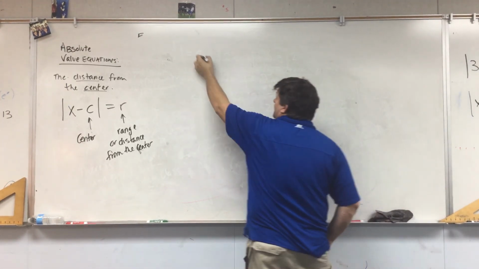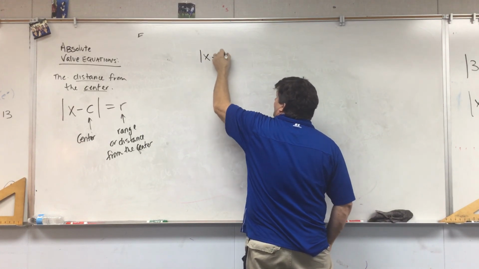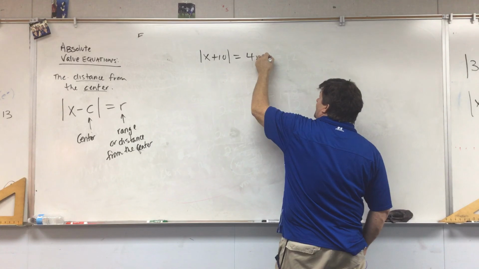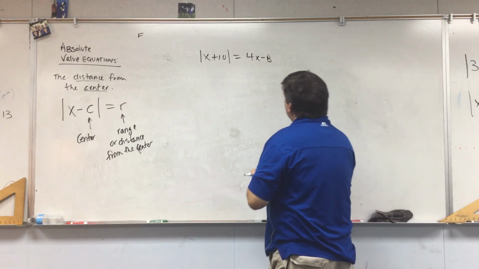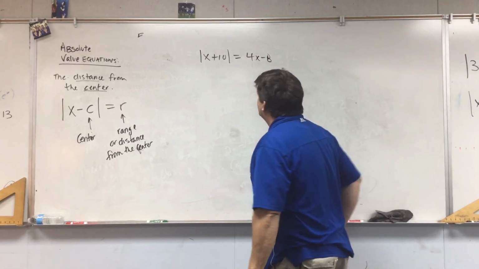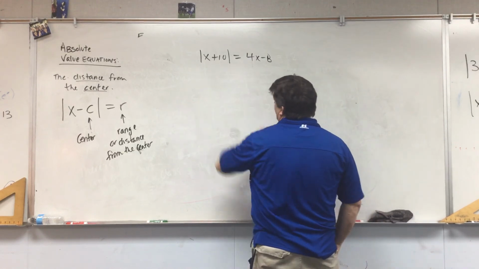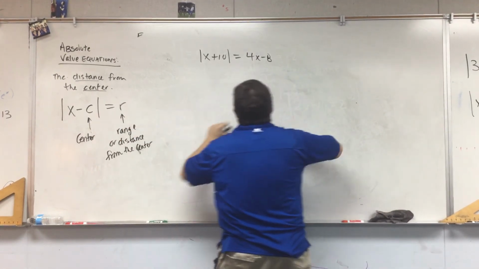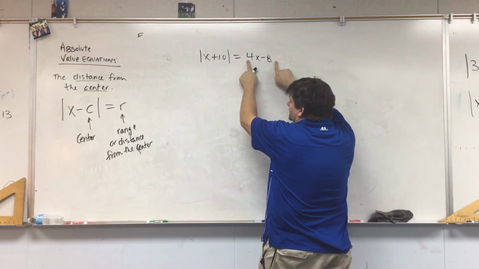It's the hardest one of the bunch. X plus 10 equals 4x minus 8. So now if I look at this, I go, okay, well, here's my center. Here's my range.